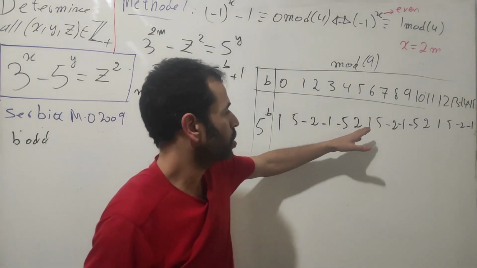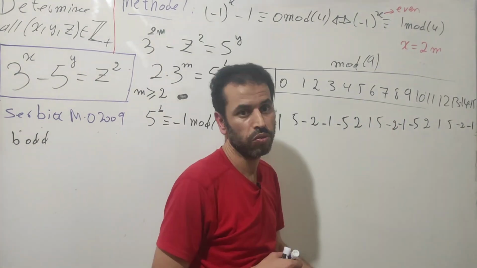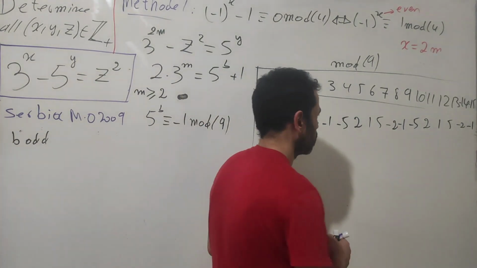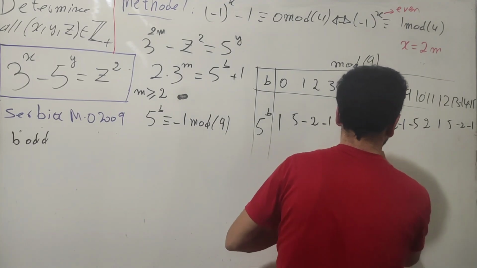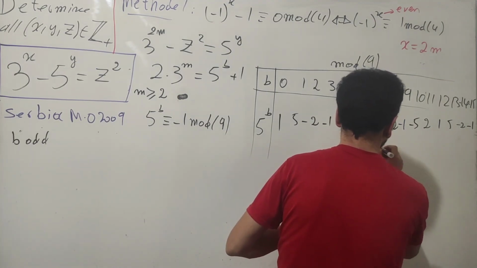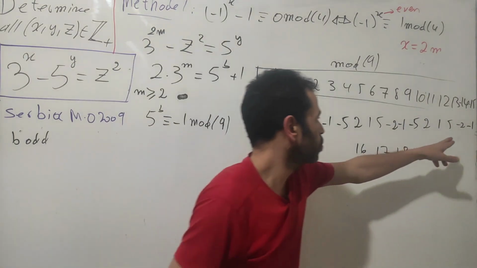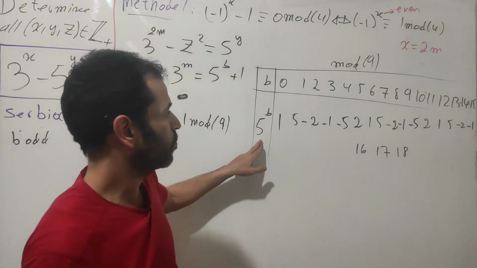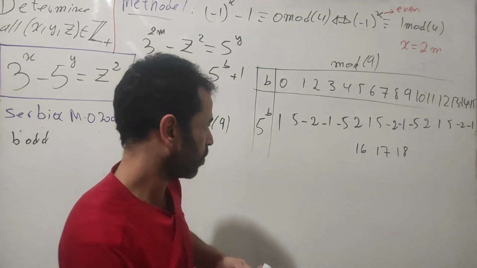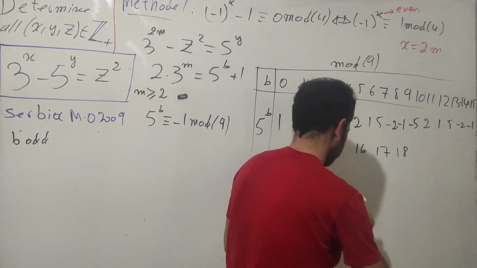I'm going to add another 3 values to make sure what we found is right, so let's add the values 16, 17 and 18. For 16, I simply multiply minus 1 by 5 and get minus 5 here.